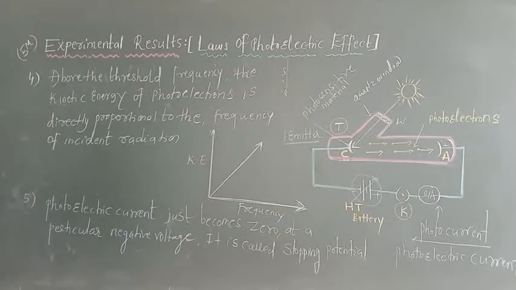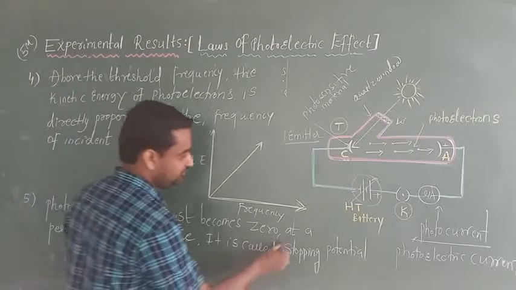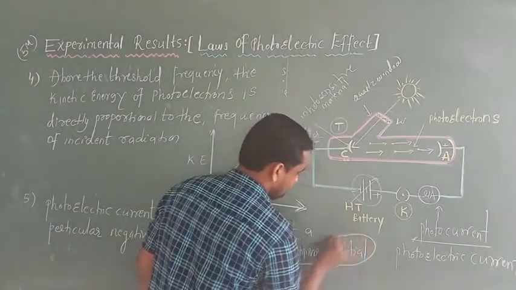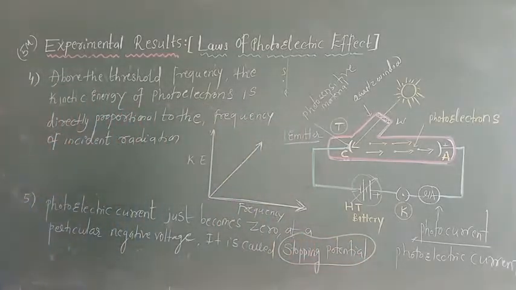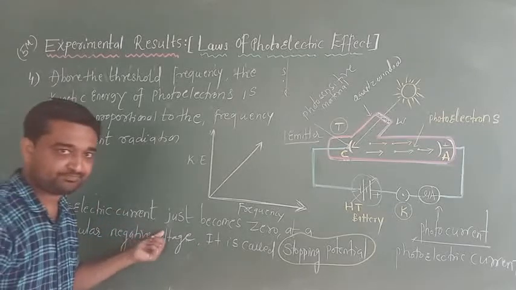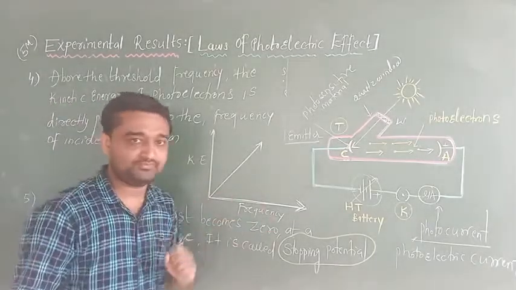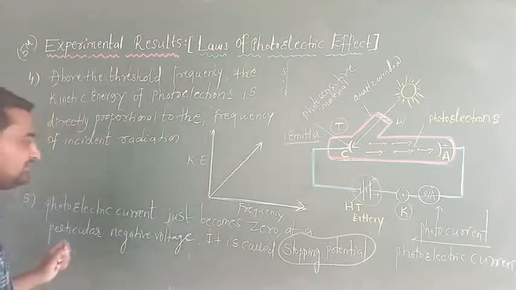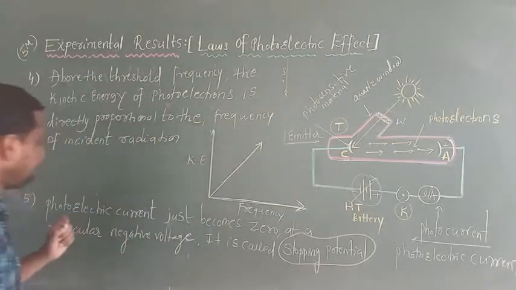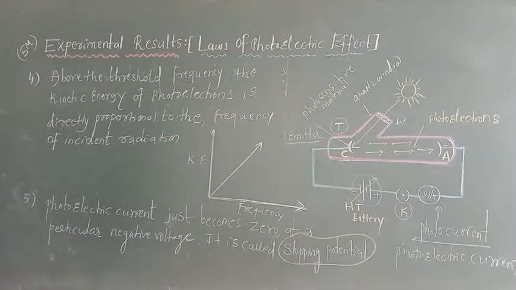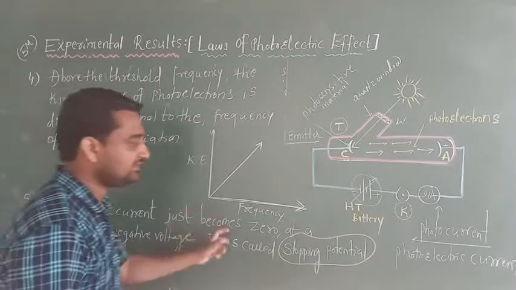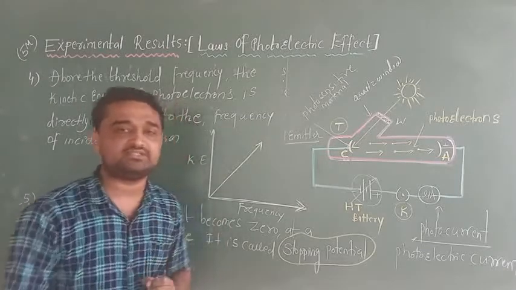Now, the fifth result we are going to discuss is about the stopping potential, right? Regarding the stopping potential. Now, what is the stopping potential? Fifth result: the photoelectric current becomes zero at a particular negative voltage, and that negative voltage is called as what?